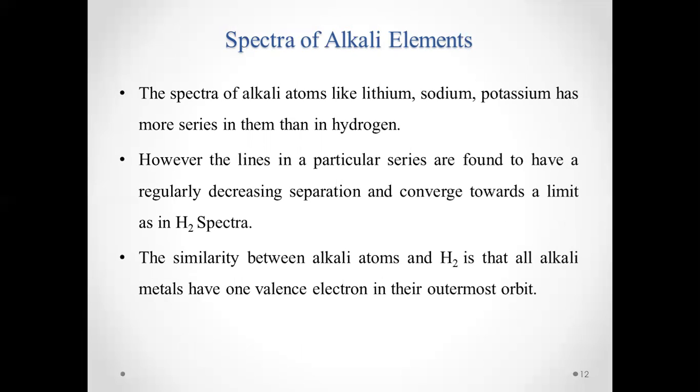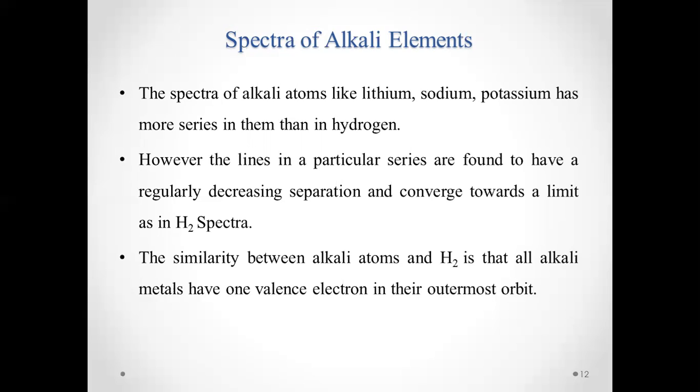Now we shall try to use these selection rules to explain the spectra of alkali elements. The spectra of alkali atoms like lithium, sodium, potassium have more series in them than in hydrogen.